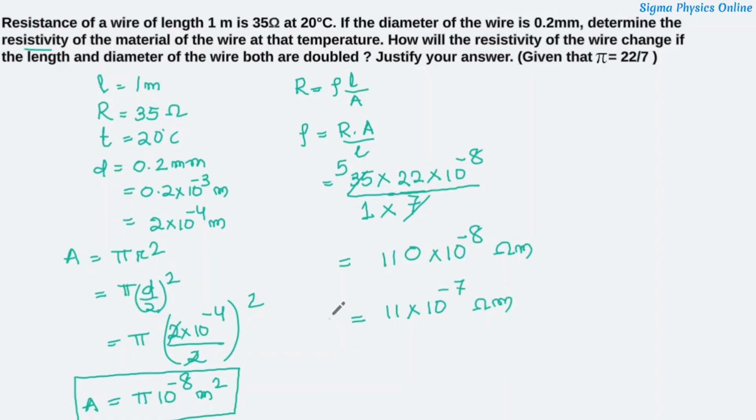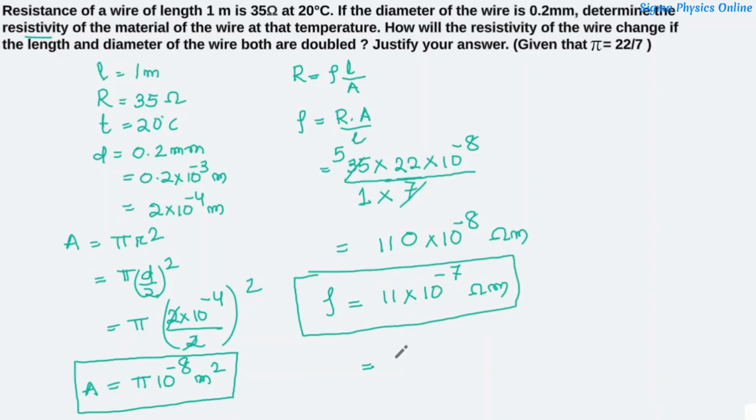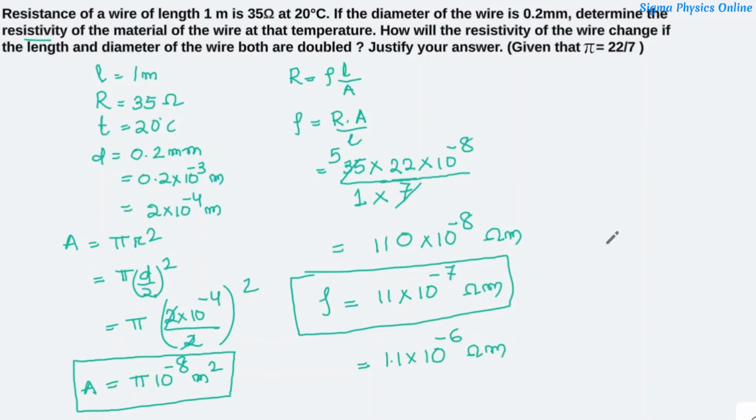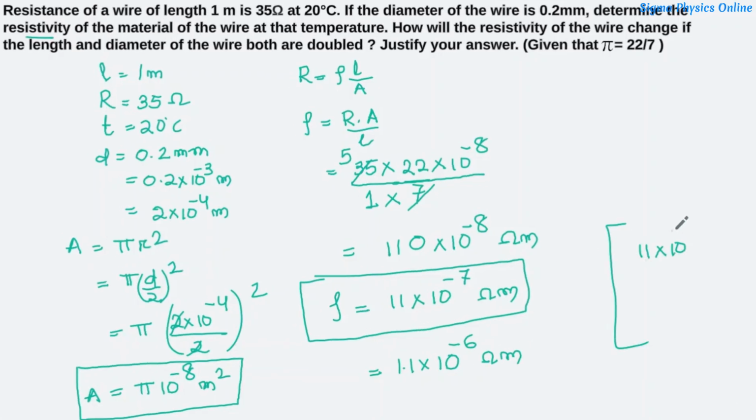You can write the value of resistivity as this much, or it will give you the value of resistivity as 1.1 into 10 to the power minus 6 ohm meter. How did we get this? 11 into 10 to the power minus 7.